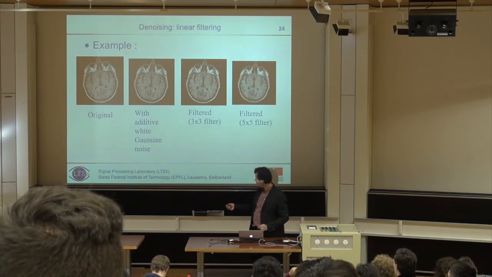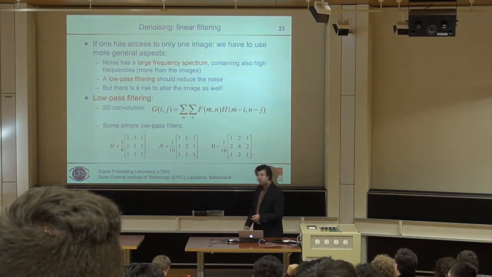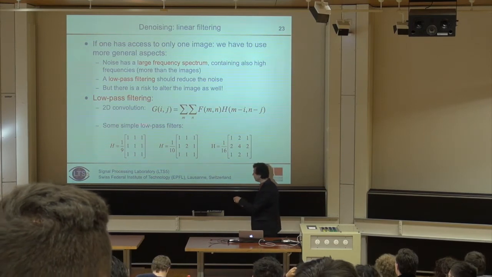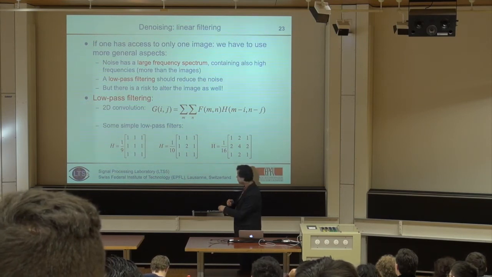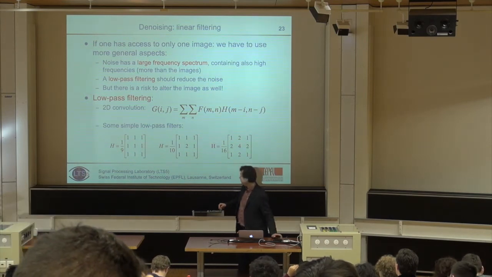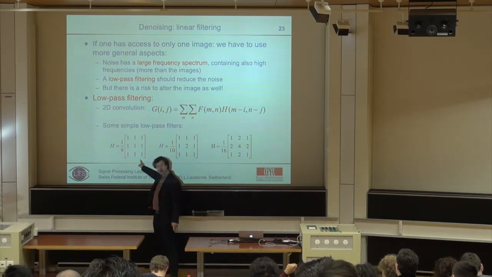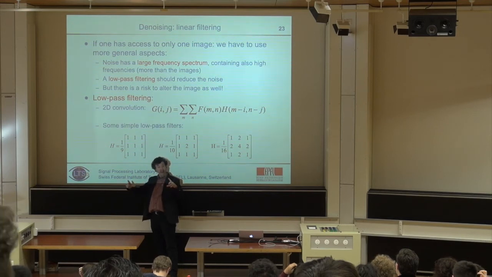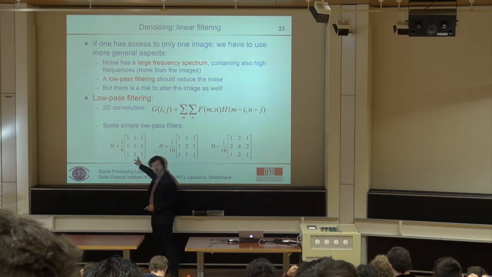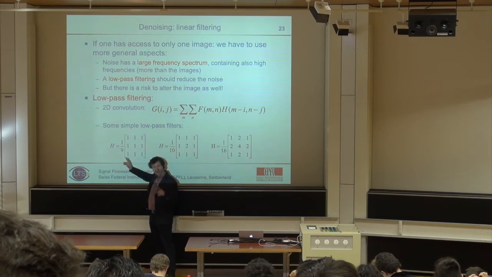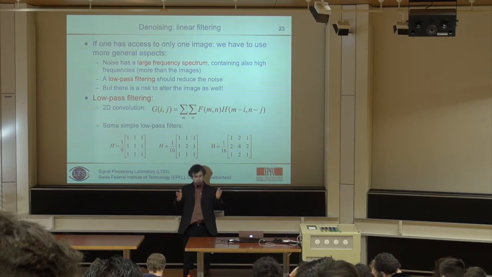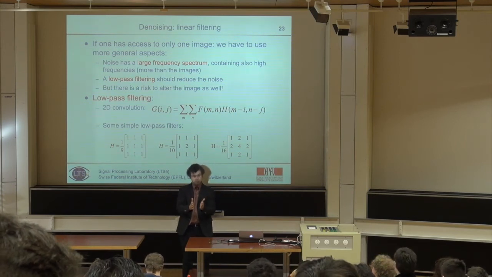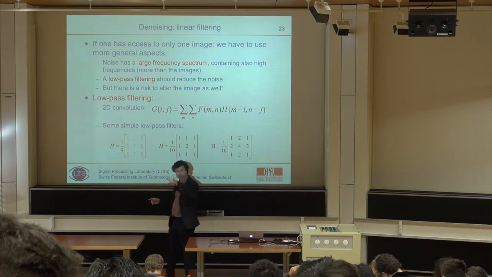Well, basically, you have the answer here. A 3x3 or a 5x5 pixel filter will filter with a different impulse response. This is the impulse response of your filter. If you calculate the Fourier transform of the 3x3 and the Fourier transform of the 5x5, what will happen is that you filter less with the 3x3 than with the 5x5. The 5x5 will have a smaller bandwidth because of the Fourier transform of a rectangle.